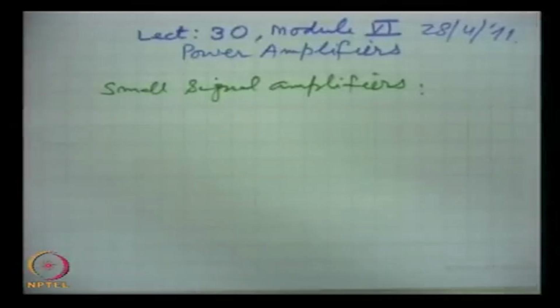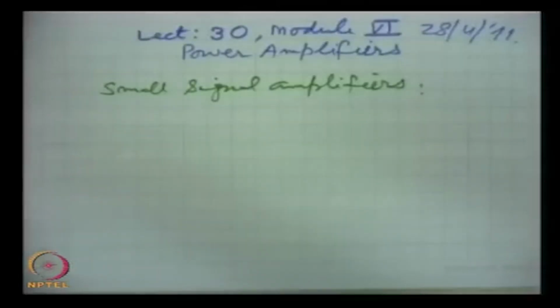By small signal we mean that current and voltage swings are very small as compared to the maximum current in the collector circuit which is possible and maximum voltage. We are here in small signal amplifiers, the voltage and current swings are small.